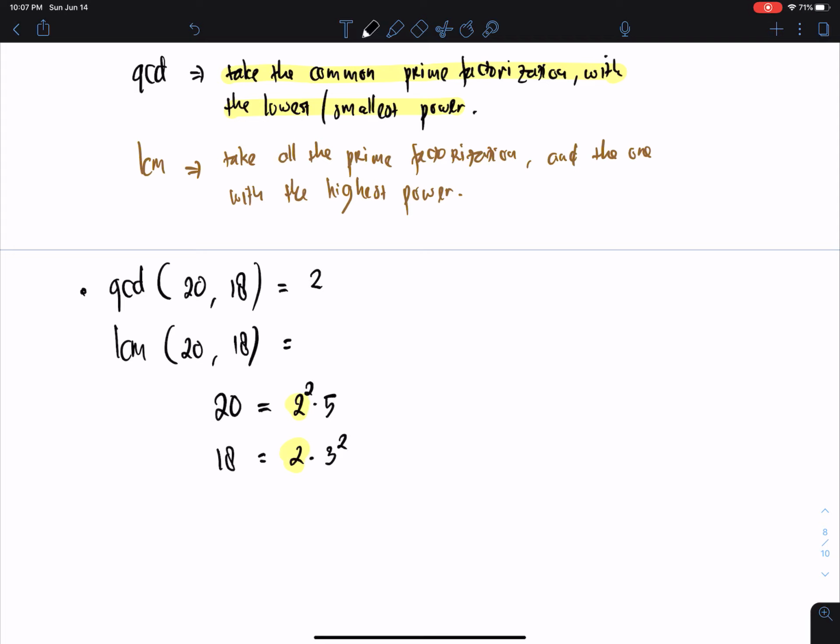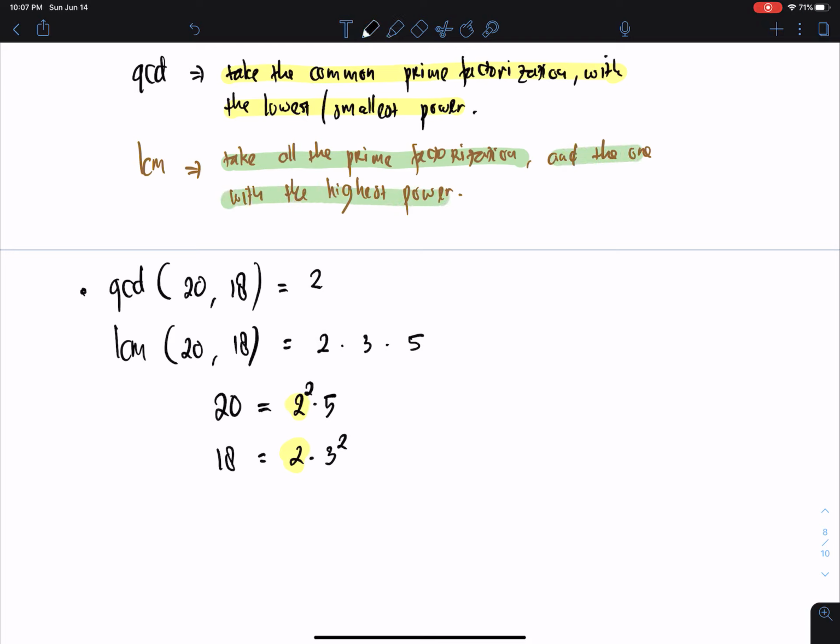While for LCM, it says take all the prime factorizations. So take all, we will write it down first. All will be 2, and then we have 3, and then we have 5. But it says the one with the highest power.